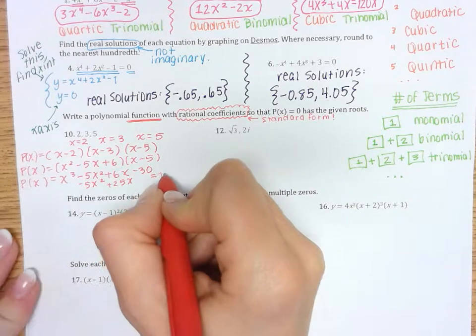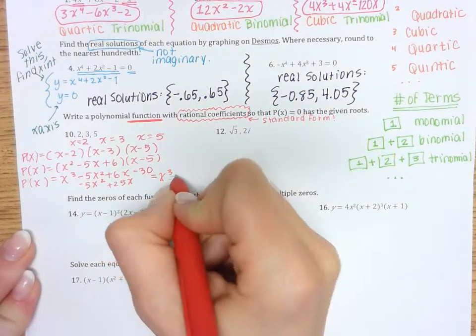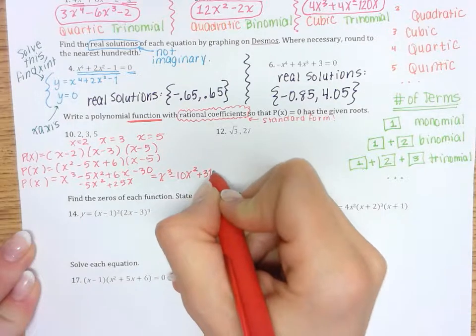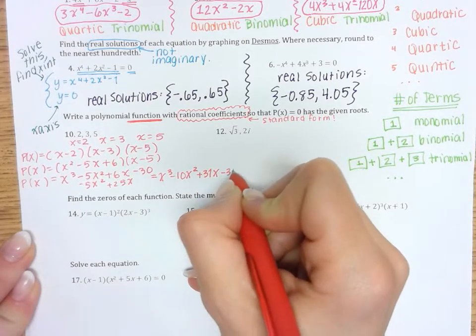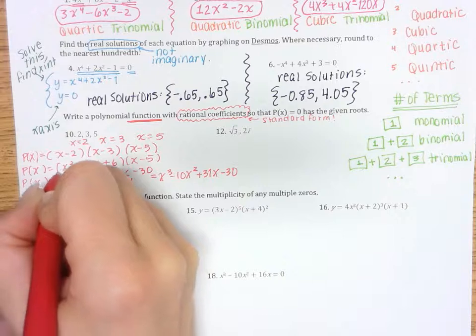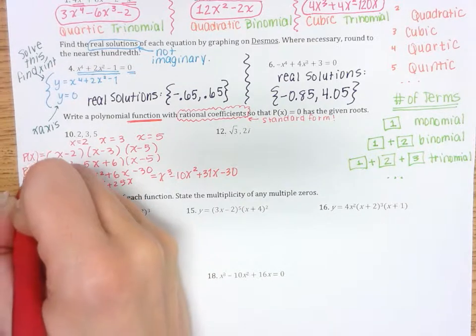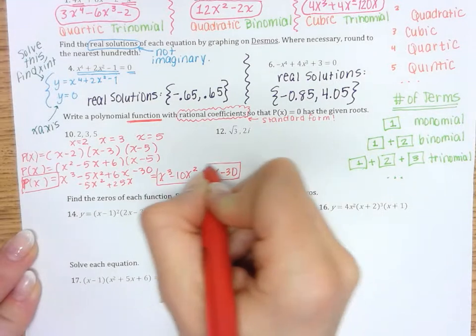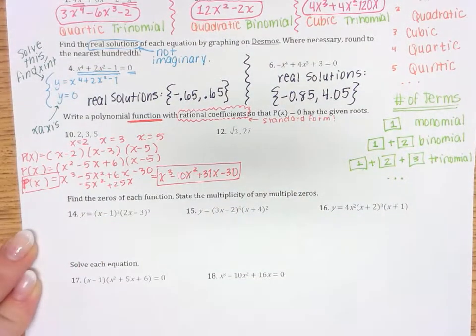So we have x to the third minus 10x squared plus 31x minus 30. So p of x equals x to the third minus 10x squared plus 31x minus 30. Done.